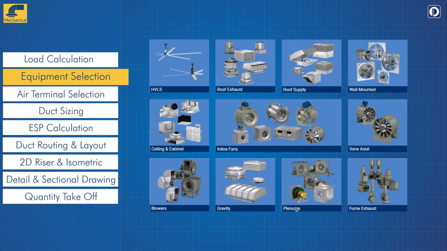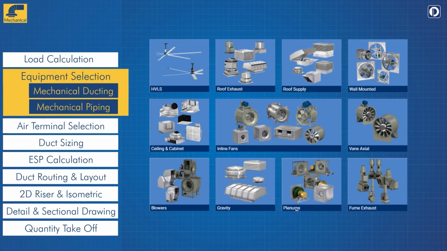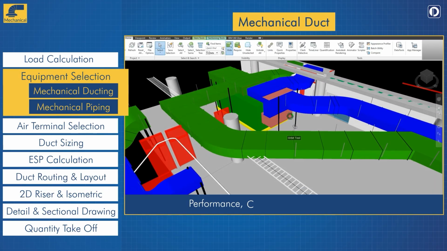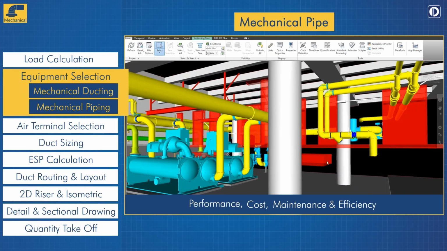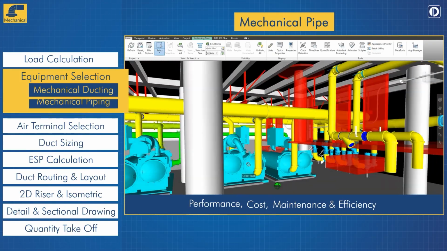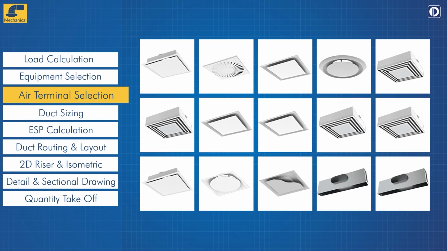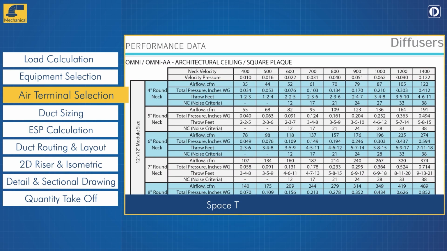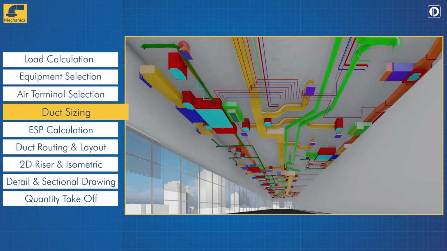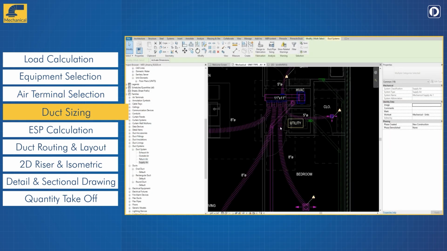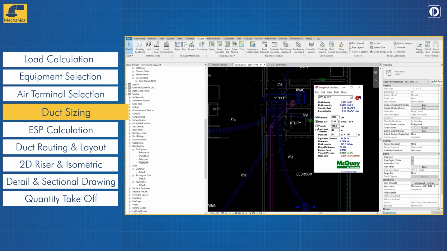Once the load is calculated, we select the relevant equipment by prioritizing performance, cost, maintenance, and efficiency for mechanical ducting and mechanical piping. While making our recommendations for air terminals, we consider space type, interior design information, airflow, total pressure, throw, and noise criteria. Duct sizing: the ducts are sized based on volumetric airflow.